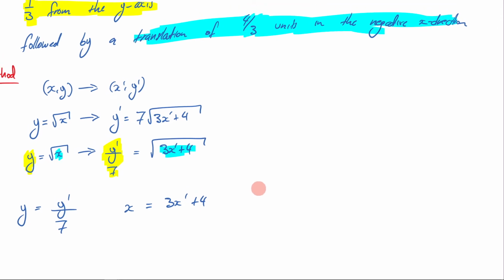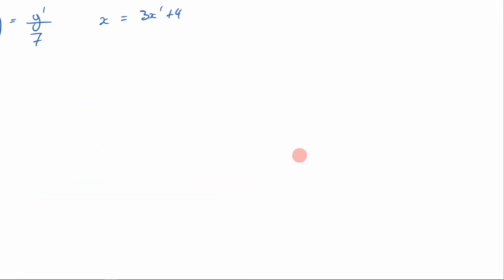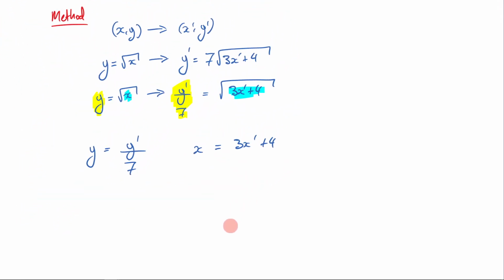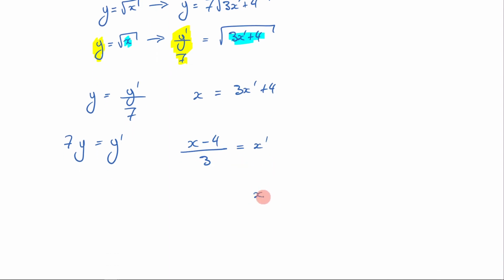That means once all is said and done here, what I'm going to end up with is 7y is equal to y dash. And then over here, I'm going to get x minus 4 divided by 3 is equal to x dash. To write this another way, I could say x over 3 minus 4 over 3.